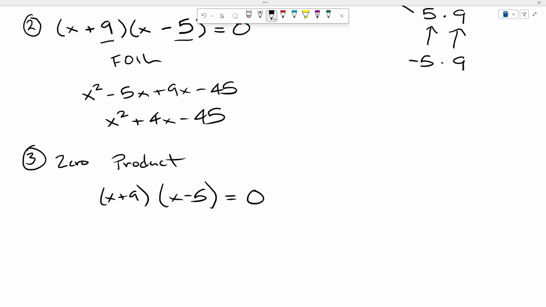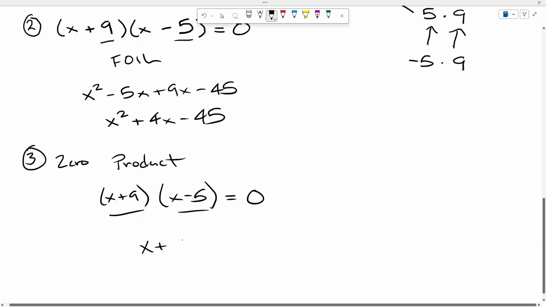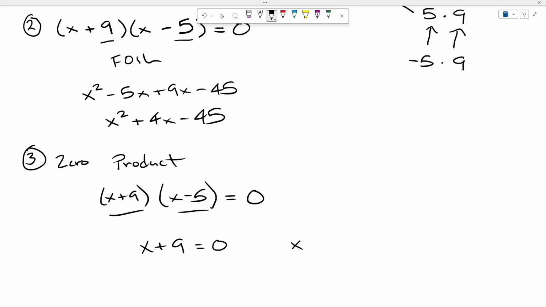By virtue of that principle, we can set each individual part equal to 0. So we'll have x plus 9 equal to 0, and x minus 5 equal to 0.